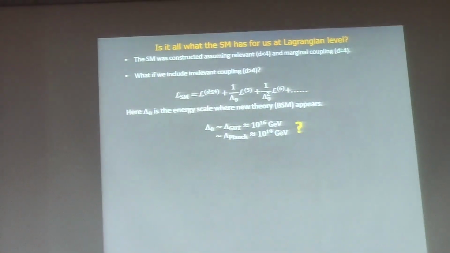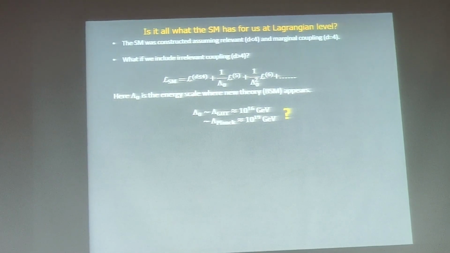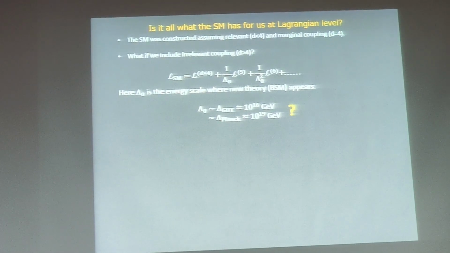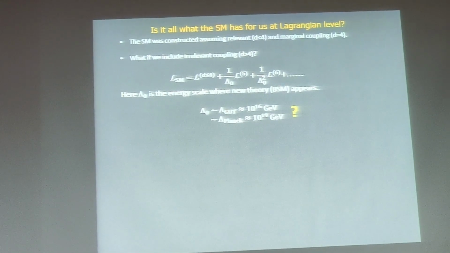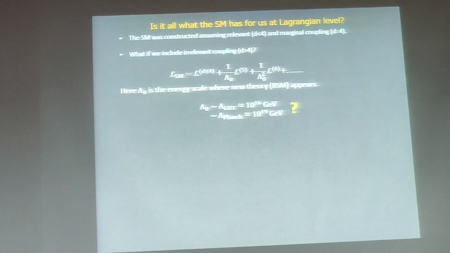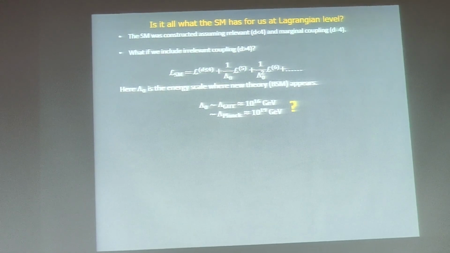So what happens when we try to complete the standard model by these irrelevant couplings? Of course, we have discussed earlier that when you are applying the standard model at low energy, the effect of irrelevant couplings can be ignored, and it's a good approximation to use only the cubic and the quartic interaction terms.